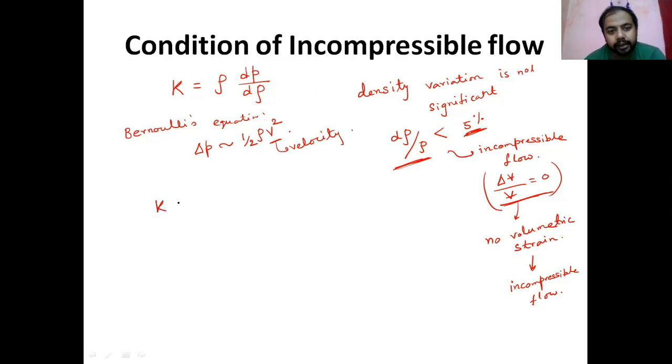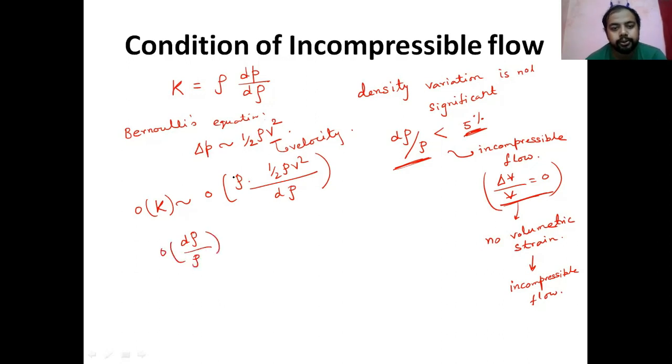So in terms of the order, we are writing it in terms of the order of the K. So that is the order of the density. Here, order of d rho by rho, we are taking on the left side.